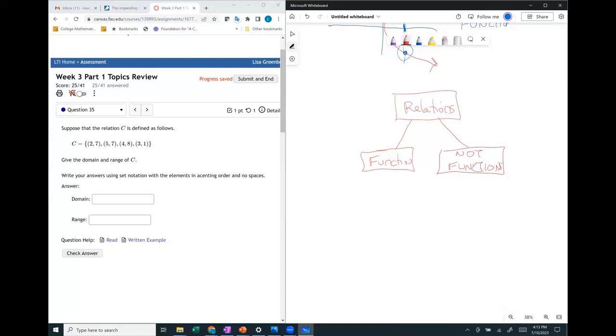So everything is a relation, but not everything is a function.